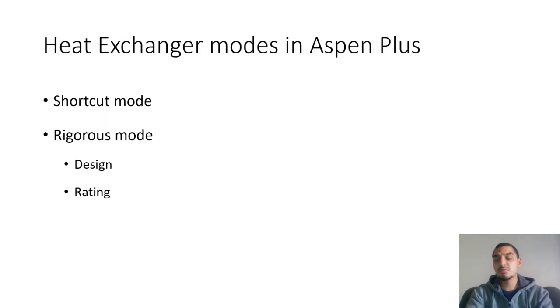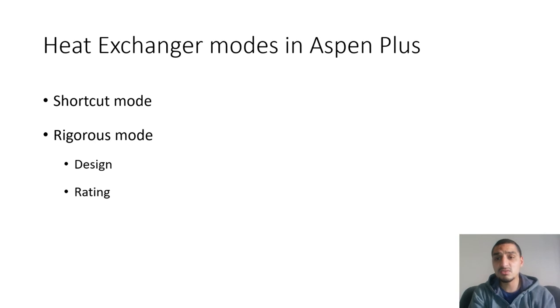Now let's go to Aspen Plus and see how we will deal with the heat exchangers. In Aspen Plus, there are two modes of working with heat exchangers. There is the shortcut mode, and there is the rigorous mode. The shortcut mode is, as the name implies, a shortcut. It's a simple calculation.